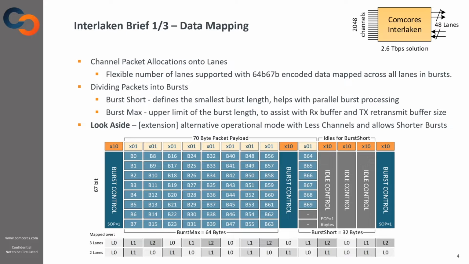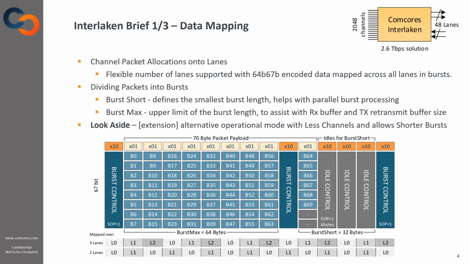And once we fill a whole Interlaken word, the next one will be an idle control word with an indication of an end of packet and how many bytes actually are filled in the previous word. And because the burst short is set to 32 bytes, you'll have to have padding for the next 3 control words just to fulfill the burst short requirements before we start sending new data.